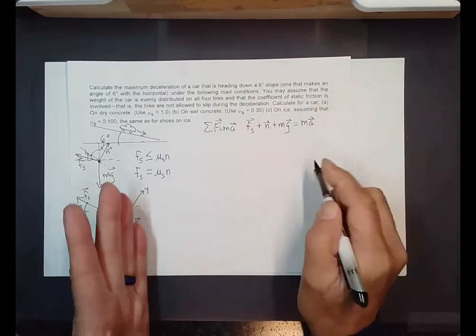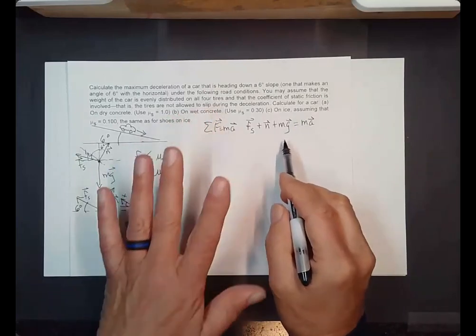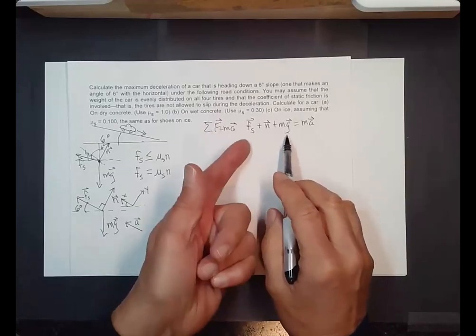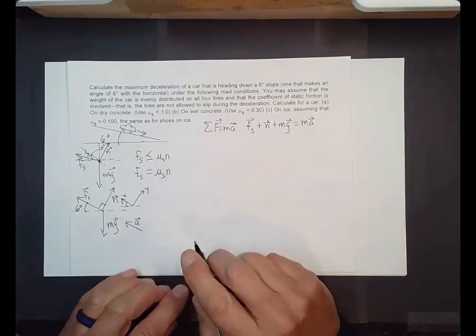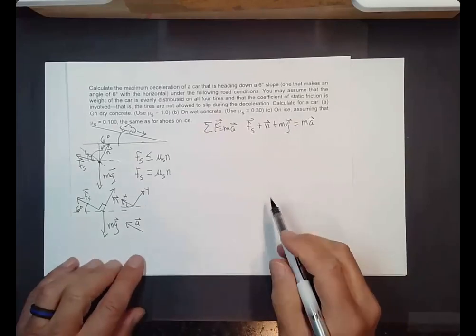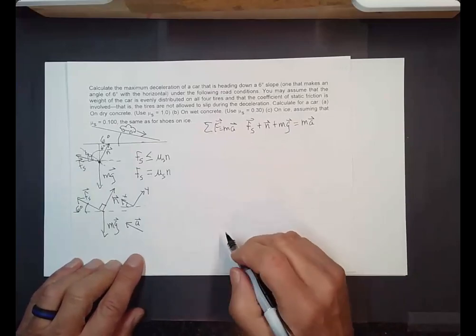I hope you're getting used to thinking of this, that it doesn't matter what the direction of these forces happen to be. When you're adding them as vectors, they're just added together. And so we get that. All right. Then I'll try to figure out components for each of these forces and start doing these things.